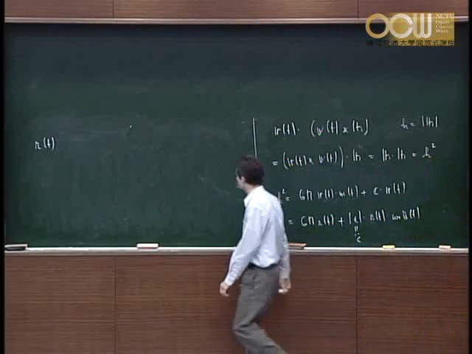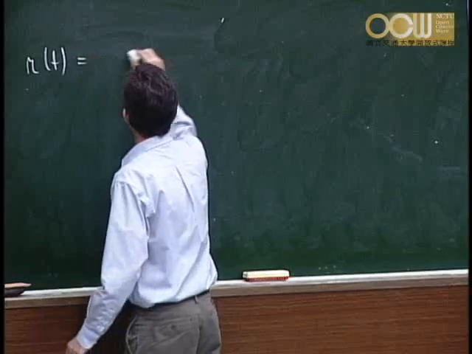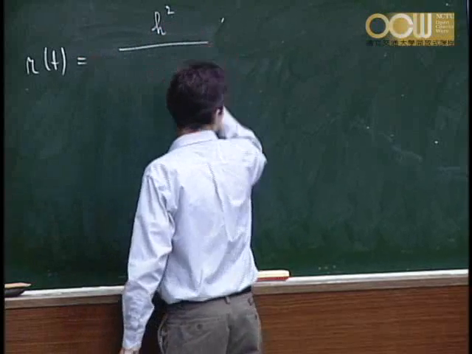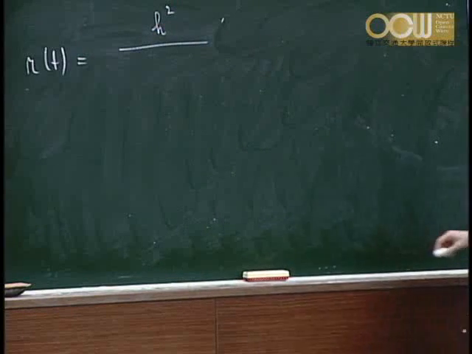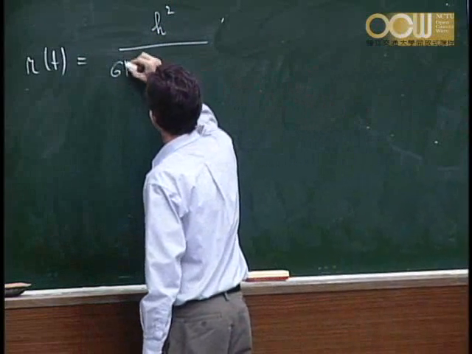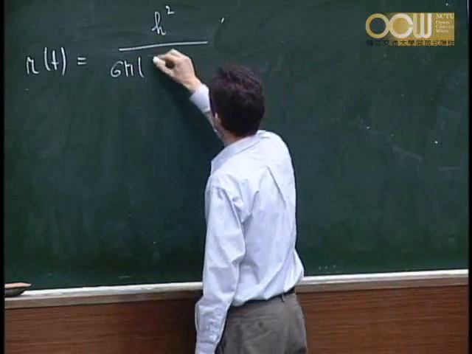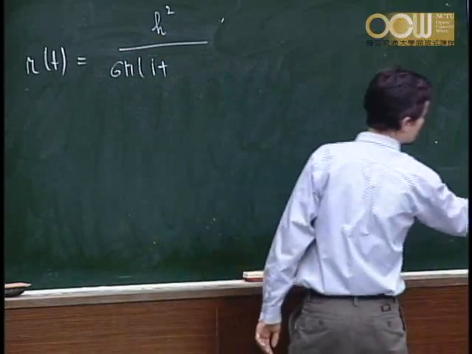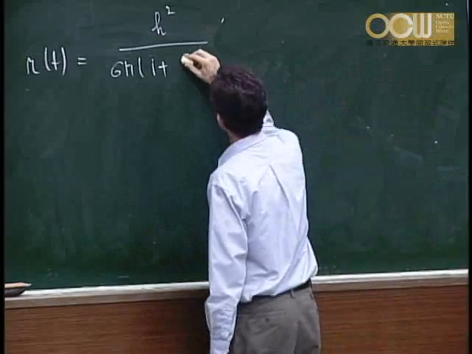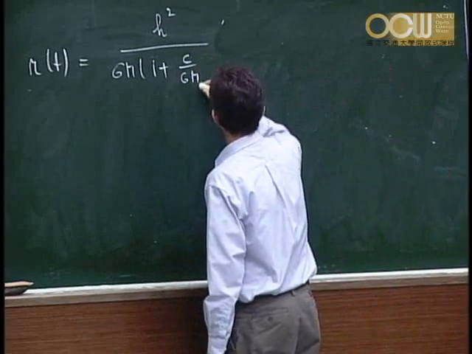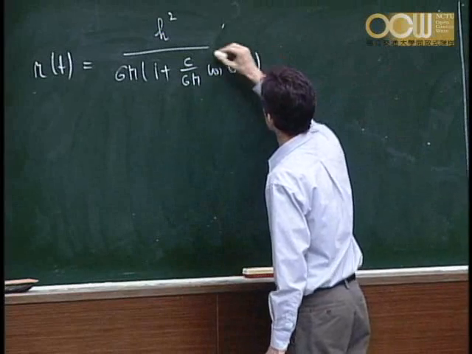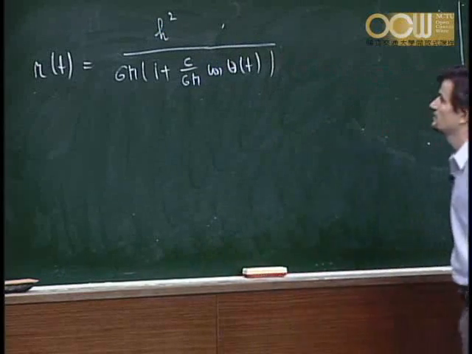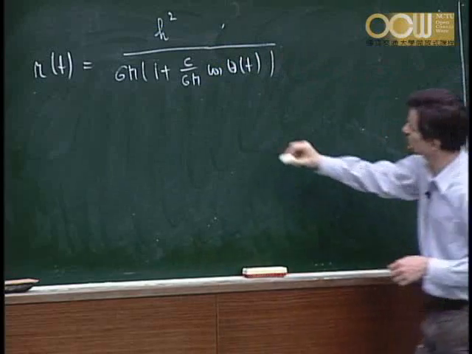You see that what we get here is h squared over g m plus c times cosine of theta of t. So we take out the g m, then we have 1 plus c over g m times the cosine of theta of t, and this here we call E.